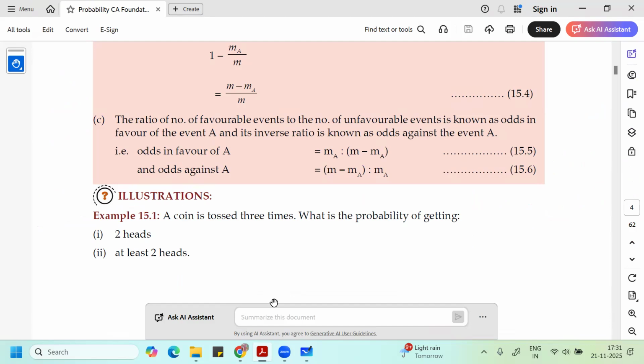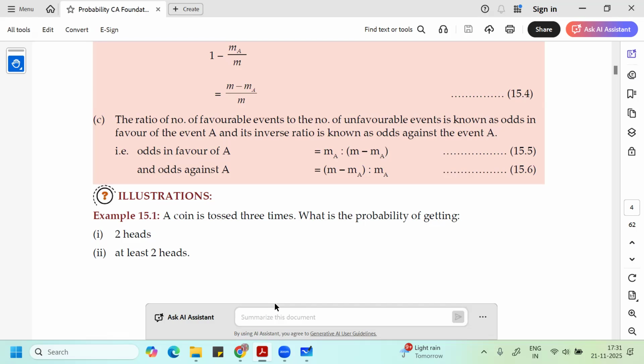At least two heads means two heads and then three heads. When three coins are tossed, you will get either zero heads, one head, two heads, or three heads. So at least two heads means two heads and more than two heads. Maximum you can get is three heads, no? So at least two heads means the probability of getting two heads plus the probability of getting three heads.